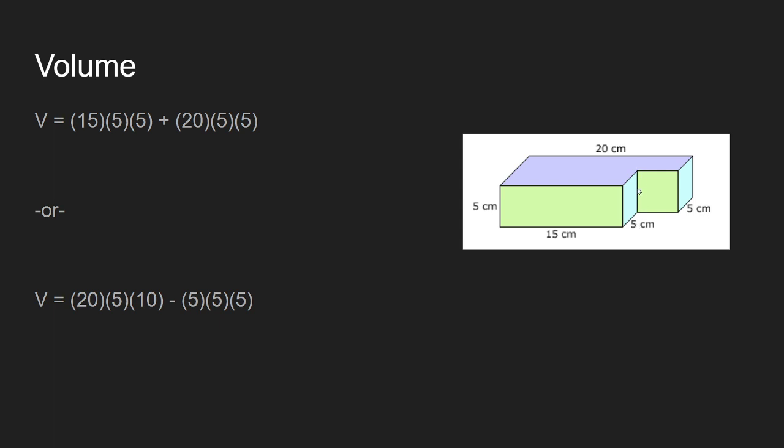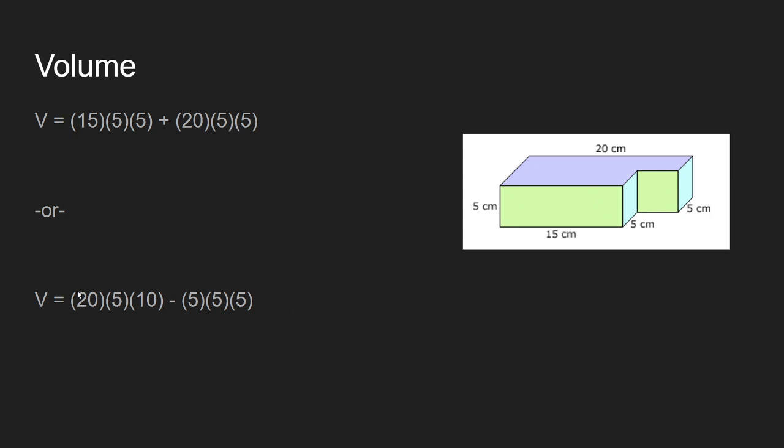Then you add the back rectangular prism, which is 20 times 5 times 5. Altogether, 20 times 5 times 5 plus 15 by 5 by 5 gives you 875 cubic centimeters.